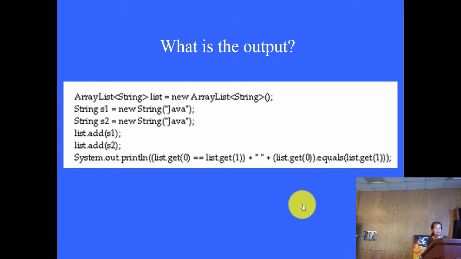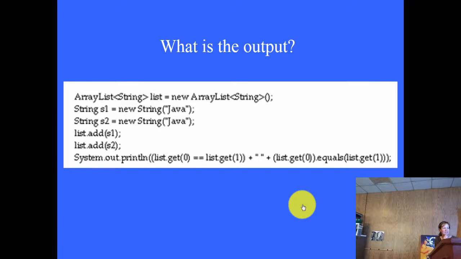All right, so here's an ArrayList question. So we created an ArrayList. We have some strings, and we're adding them. And then we're seeing if those two objects are equal to each other with ==, and then we're seeing if those two objects are equal to each other with equals. So what do you think our output is?